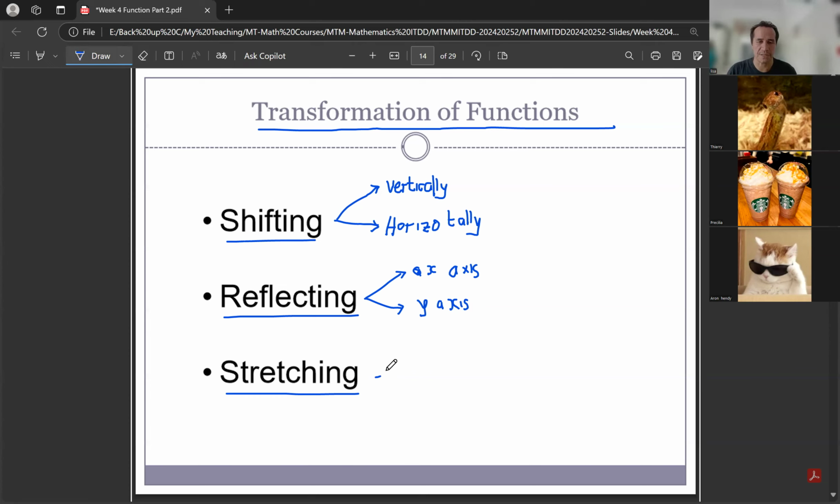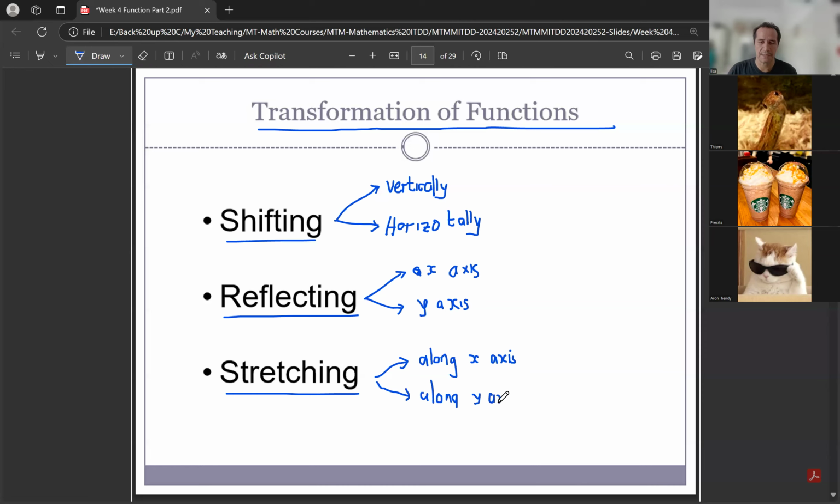We can stretch along the x-axis, or we can stretch along the y-axis.